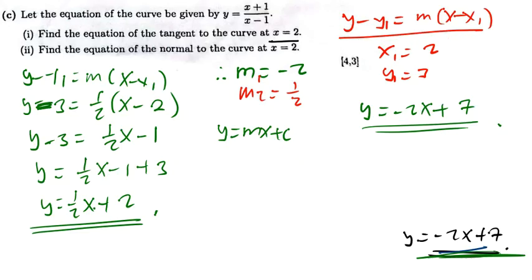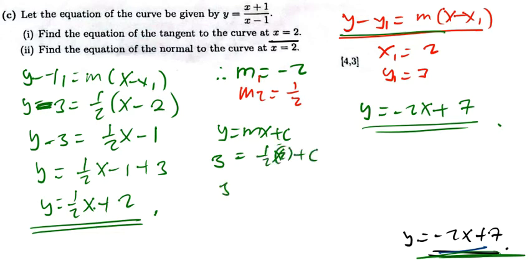So y is still 3, but I still feel like this is simple, because the y you find is y1, the x you have been given is x1. Then you just plug in the values. You leave x and y. Then you plug in the values where there's x1 and y1. So y is 3, that is the gradient, now for the normal, is half actually, times 2 plus c.